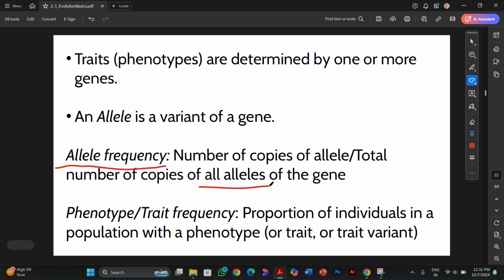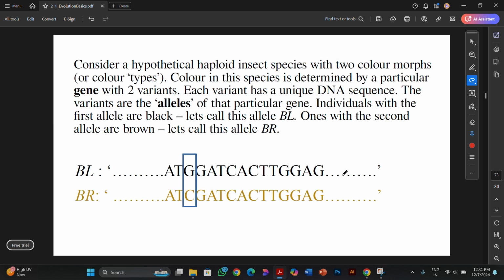And the phenotype frequency is just similar, the proportion of individuals in a population with a phenotype or trait variant. And there is a variation given. Because of variation in these two parts, these BL and BR are called alleles of the same gene.